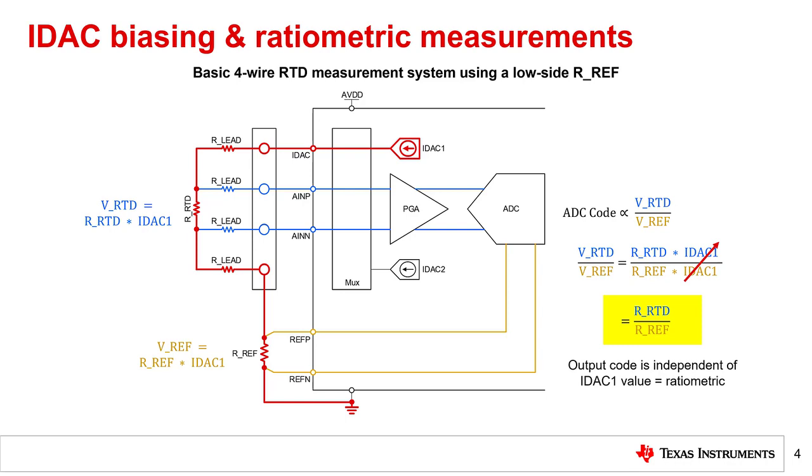If RREF varies, the ADC output code will also vary, causing measurement inaccuracy. It is therefore imperative to choose a high-accuracy, low-drift resistor for RREF. A 0.1% accurate component with a 5 ppm per degree Celsius drift specification is recommended. Let's move on and discuss another important characteristic of an RTD measurement system, the total circuit resistance.